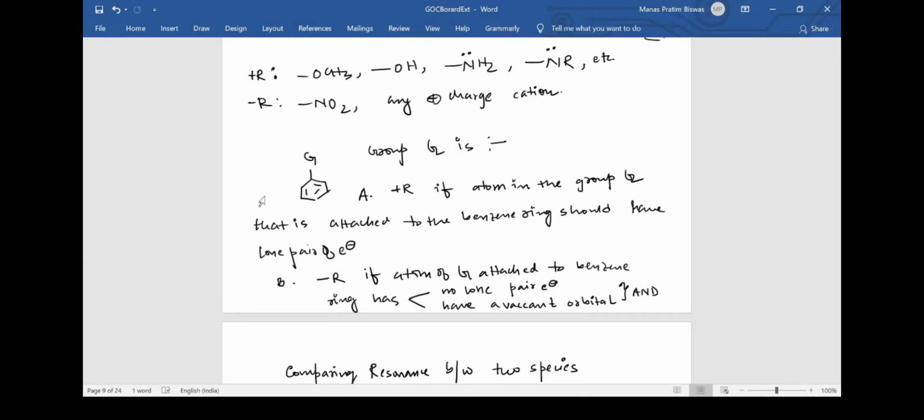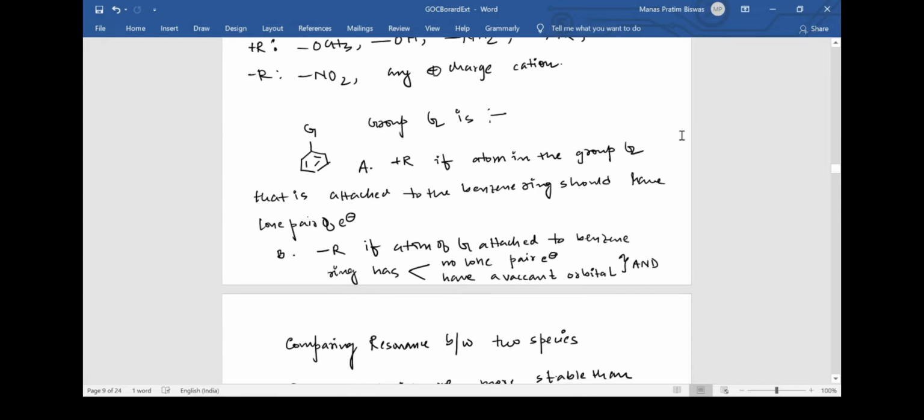So I have written it here that the group G will be a plus R group if the atom in the group G that is attached to the benzene ring has a lone pair of electrons. This is very important to note. If it has a lone pair of electrons, then it can donate the lone pair to the benzene ring. Hence, it will act as a plus R group.